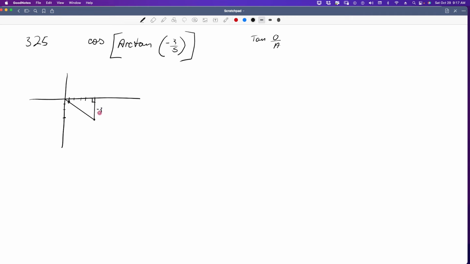That is our triangle. So we've got to figure out what all that is. This is -3, and this is a +5. We need to find our hypotenuse so that we can figure out all of this.